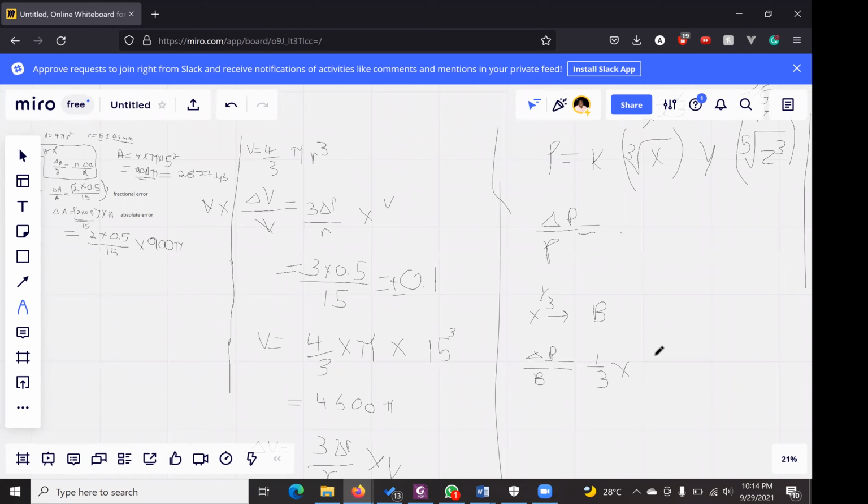But in this case, they gave you that portion of it, which would be 0.65.